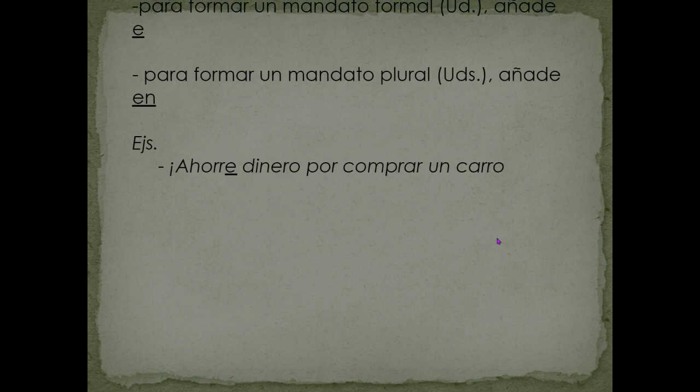And then, para un mandato formal, añade e, so for a formal command, you just add the letter e. Para formar un mandato plural, a plural command to tell multiple people what to do, añade en.